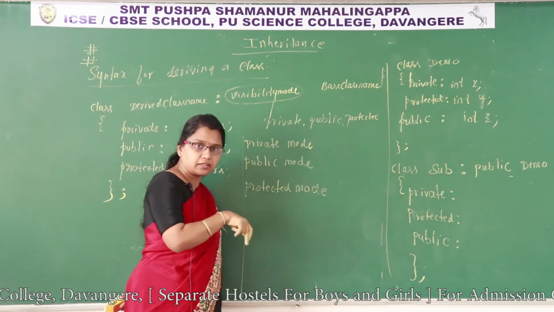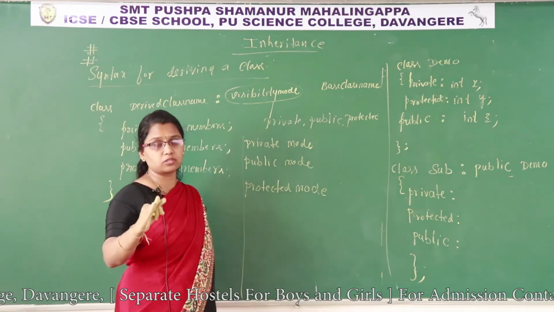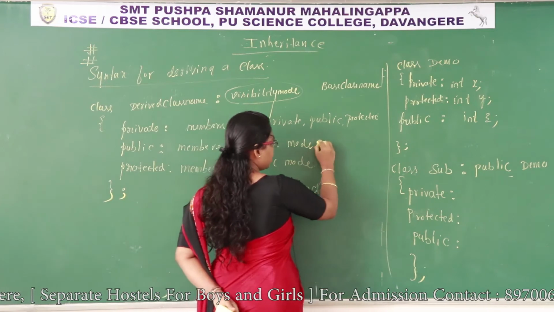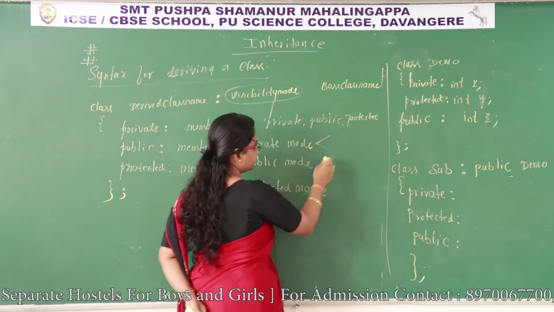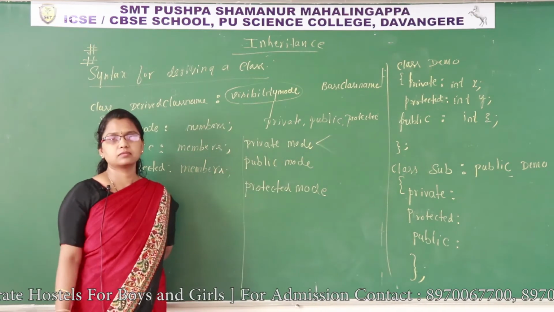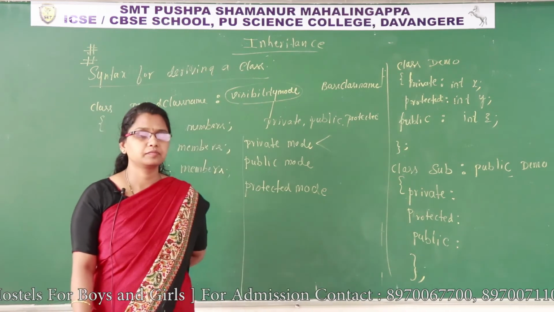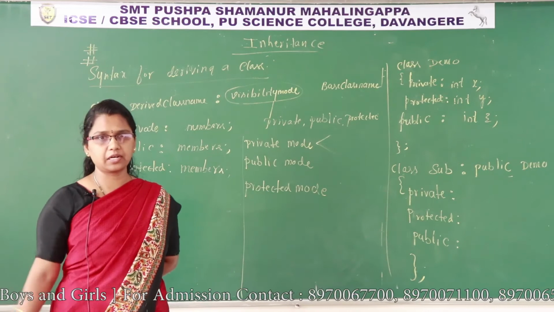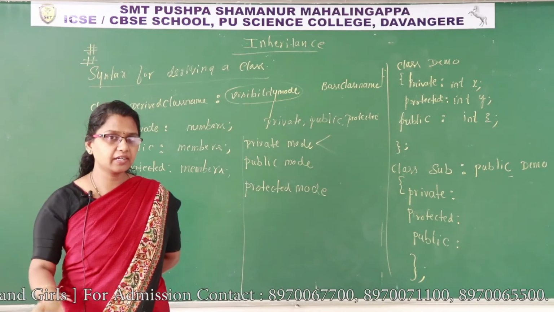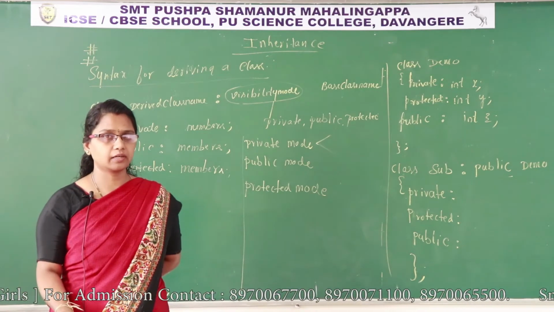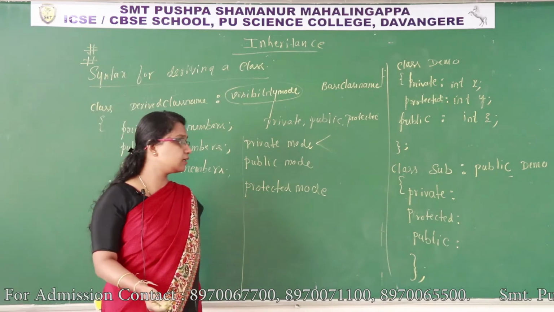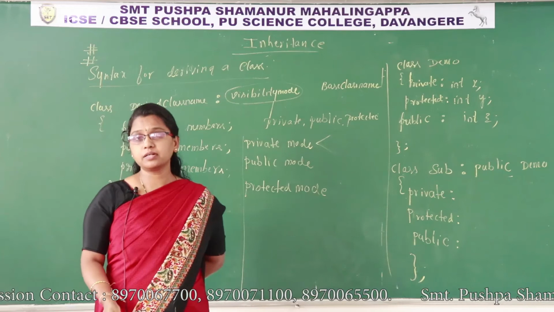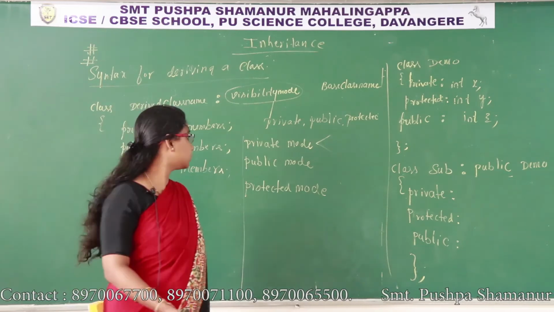So in inheritance there are three visibility modes: private mode, public mode and protected mode. What is the feature of private mode? Before, I said properties of the base class are inherited to the derived class. Are all properties inherited? No, isn't it? We already learned the private access specifier feature: private members cannot be inherited. Okay.